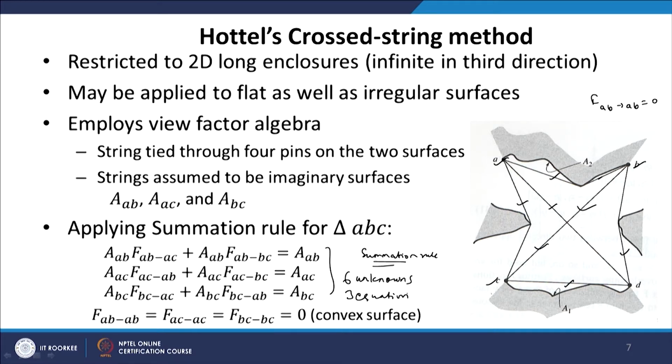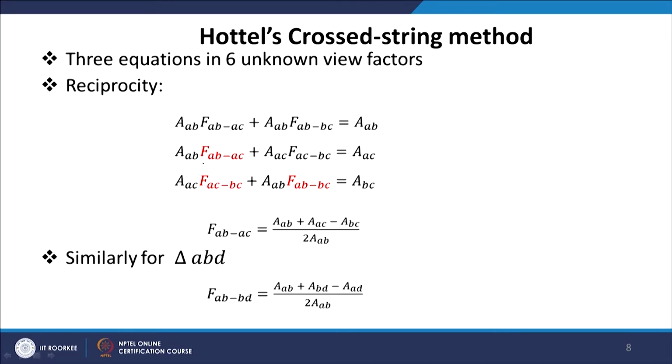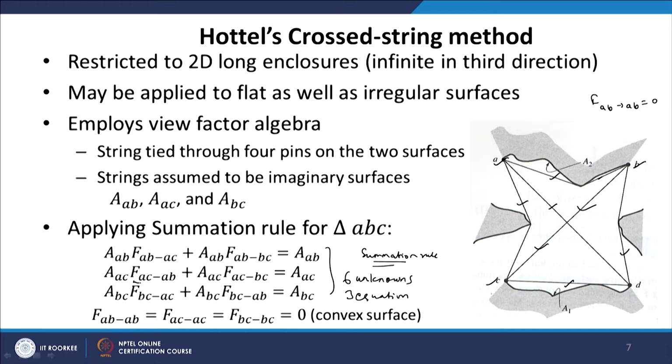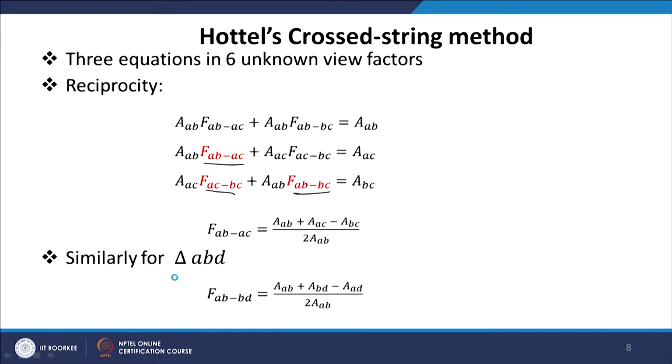Okay. So, with the reciprocity theorem we replace these view factors in red. Okay. So, for example, in the equation we have F_AC to AB. So, we have replaced it with F_AB to AC. Okay. Similarly, we have replaced these 3 view factors using the reciprocity theorem.